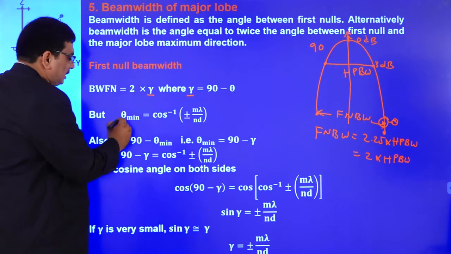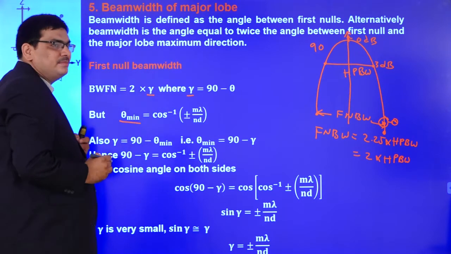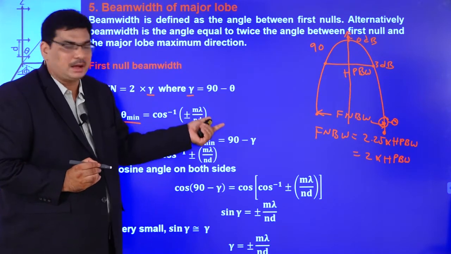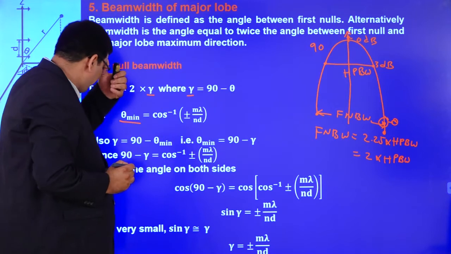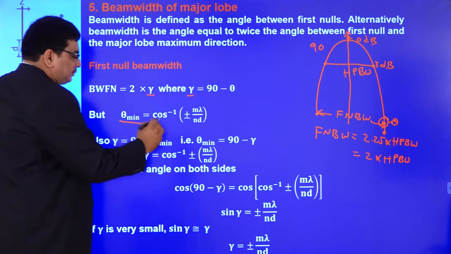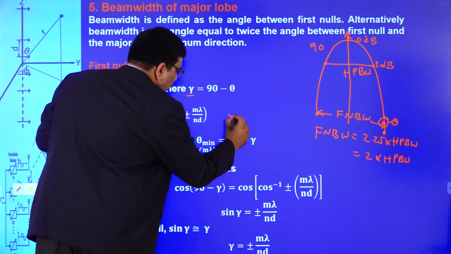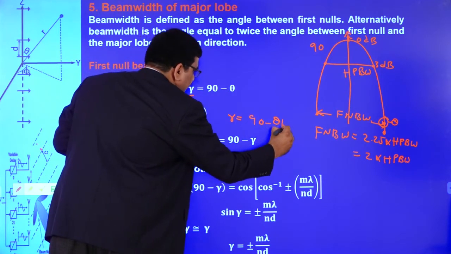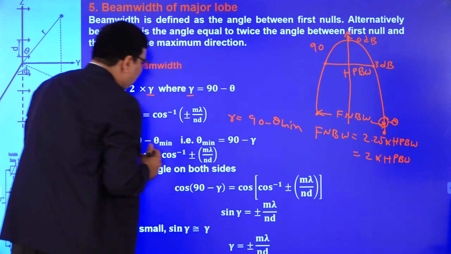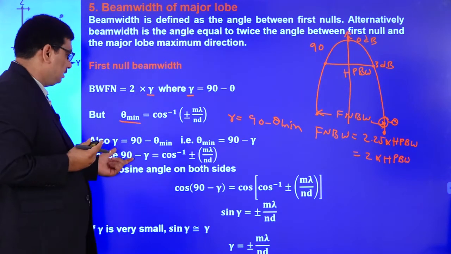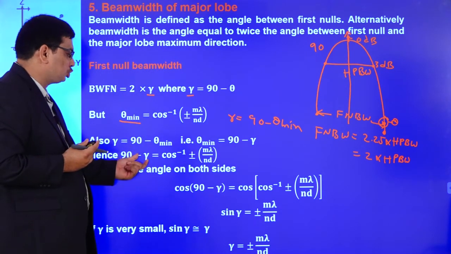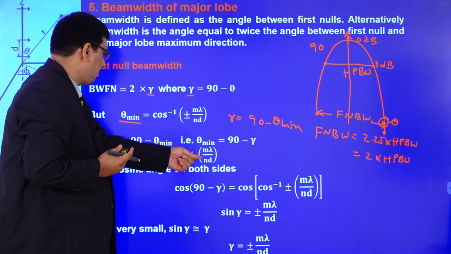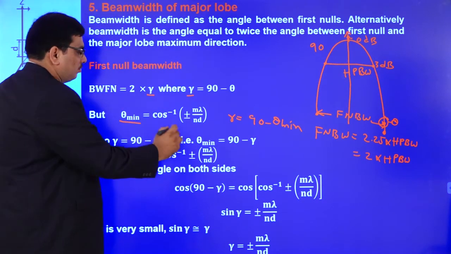But we know the minima condition: θ minimum equals cos inverse of plus or minus mλ/(nd). So if you substitute ζ equals 90 minus θ minimum, then you get 90 minus ζ equals cos inverse of plus or minus mλ/(nd), that is θ minimum.